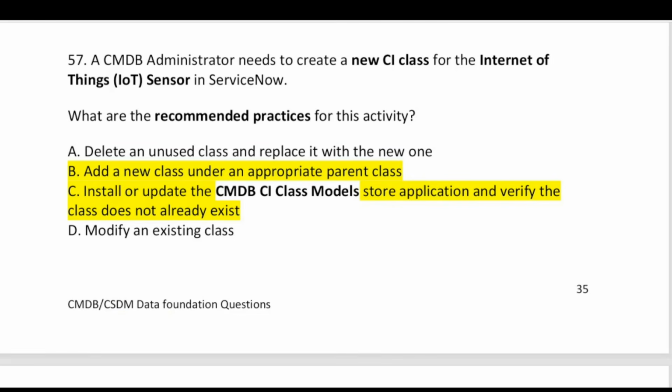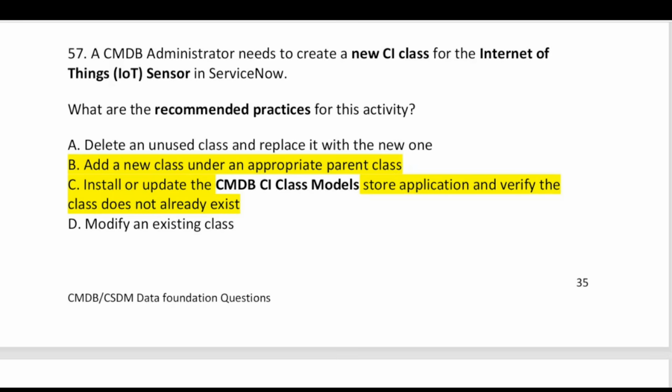Question is, a CMDB administrator needs to create a new CI class for the Internet of Things IoT sensor in ServiceNow. What are the recommended practices for this activity? Option A. Delete an unused class and replace it with the new one.